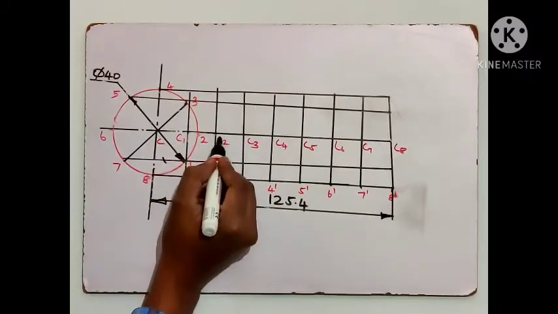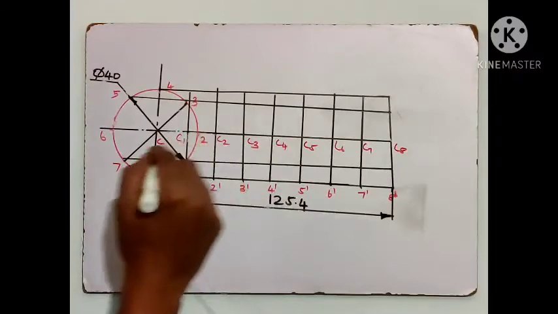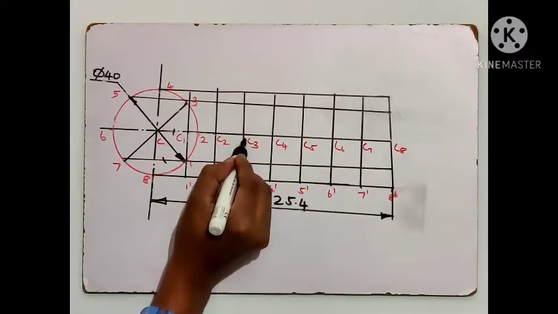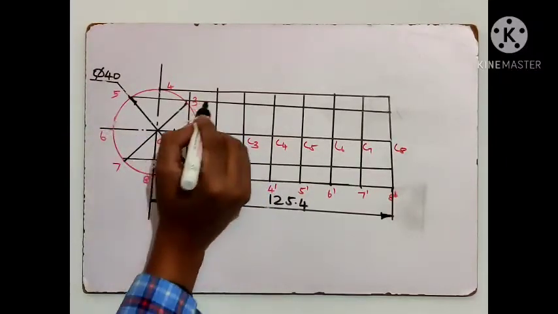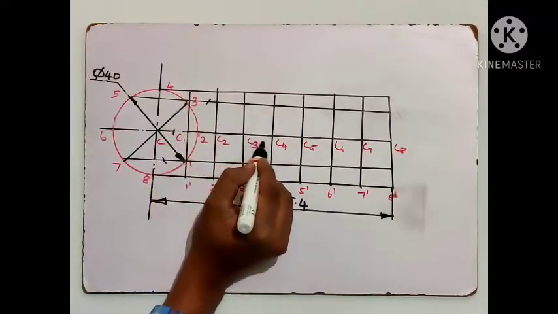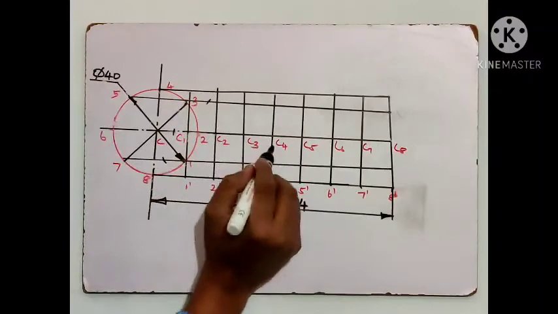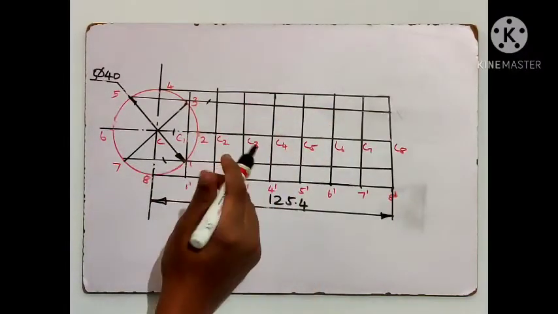Similarly, C2 as center, you need to make an arc on the horizontal line passing through point 2. C3 as center, you need to make an arc on the horizontal line passing through 3, something like this. And C4 as center, you need to make an arc on the line passing through 4. If you do that, you will get here, because this distance is also the radius.